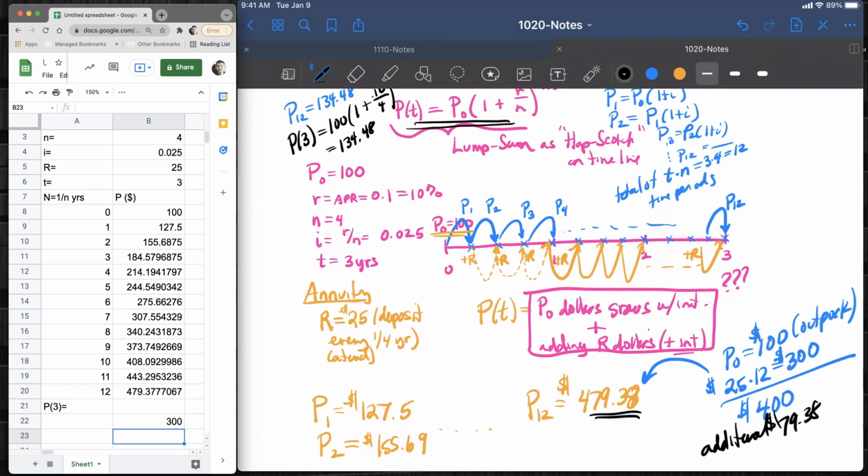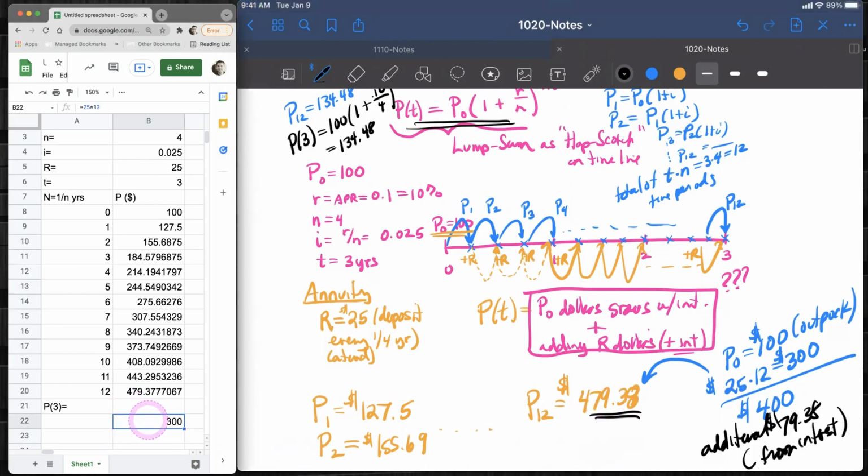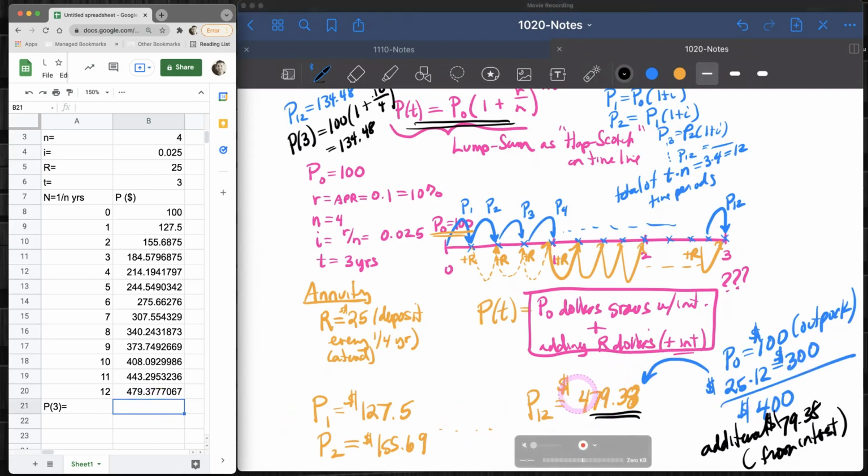And this money is coming from interest, from the compounding of interest, and we're getting interest compounded on the amount of money that we are depositing. So this is a good start. And in the next video, we are going to look at how to develop a formula to jump right to this number 479.38. That will be the subject of the next video.